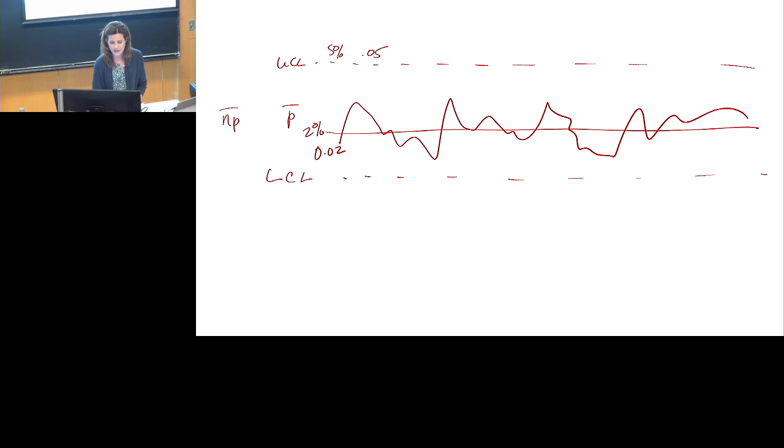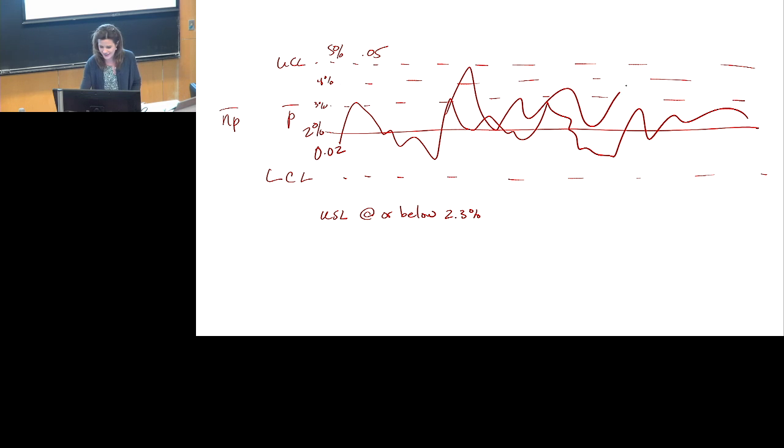Okay, so let's say that instead of 3.5, the upper spec limit, they want it to be at or below 2.3%. I'm just going to say this is 3% here, this is 4% here, and these go up a little bit higher, okay?